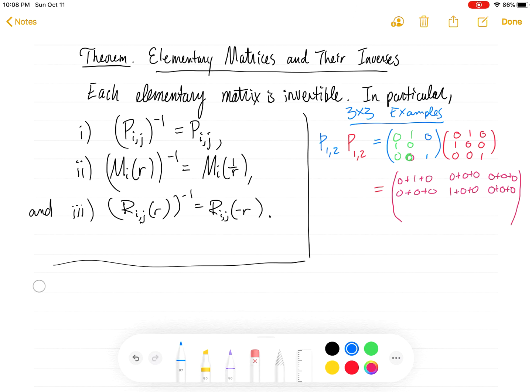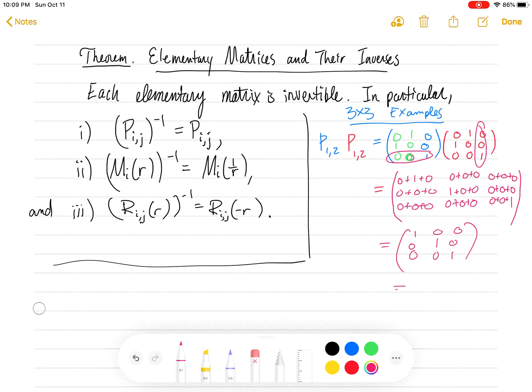Third row, dot products. I lost something, it should be a 0. All right, let's get back to the dot product of the third row with the first column: 0 plus 0 plus 0. Third row with the second column: 0 plus 0 plus 0.